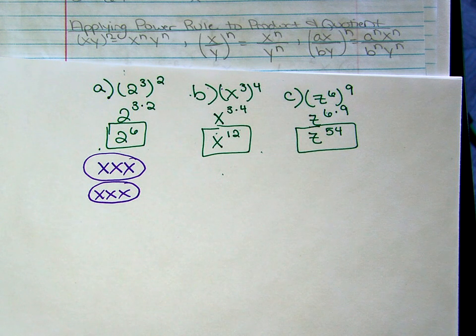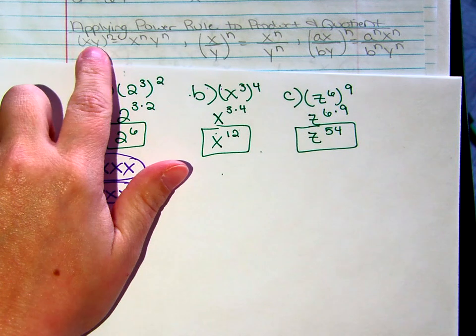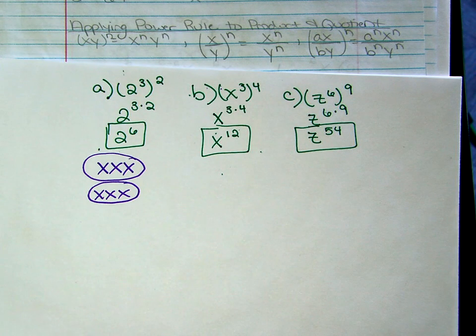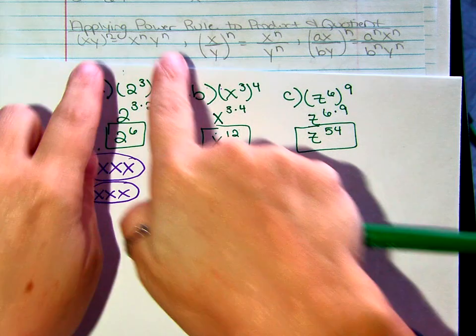I just wanted to give some pretty broad examples so that you could see and be able to apply them later. This first one, we have x times y inside, raised to the nth power. This is really similar to the 5x inside the parentheses that we've raised to the 0th power. What we ended up doing is we took the 0th power to every term inside. We distributed it, which is what we're doing here.